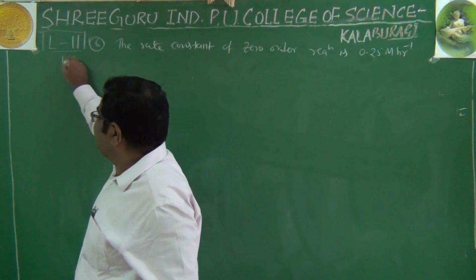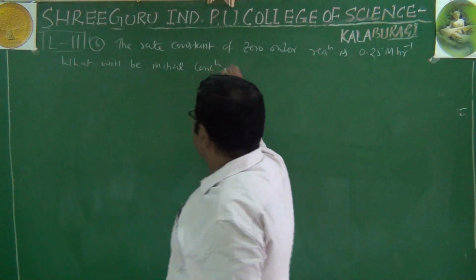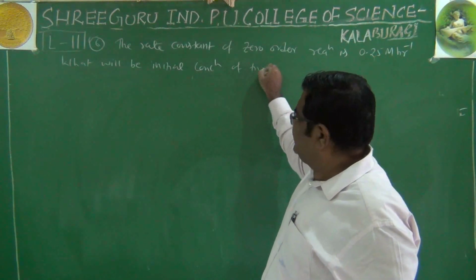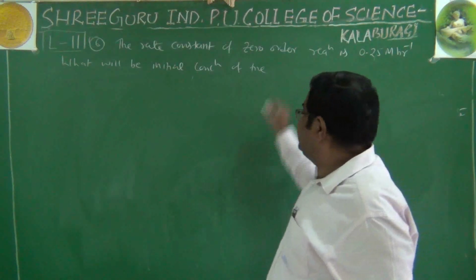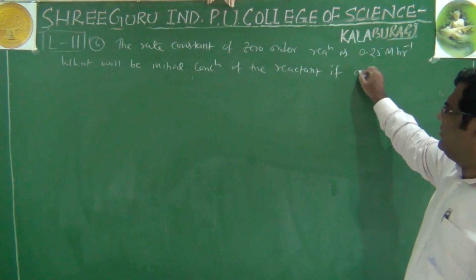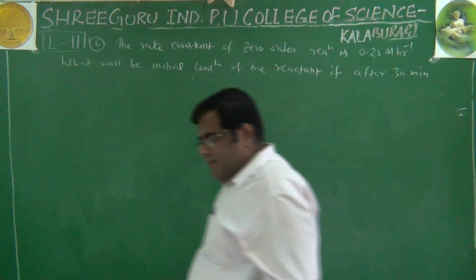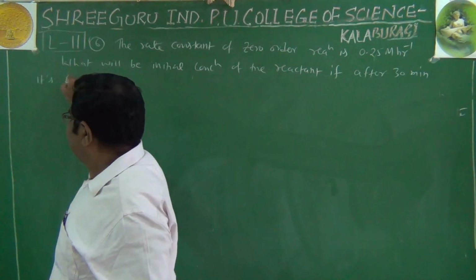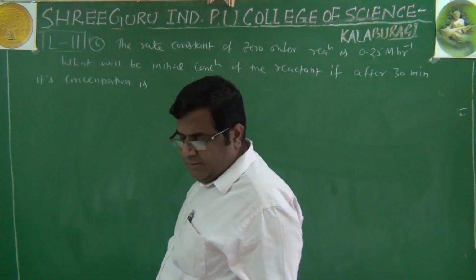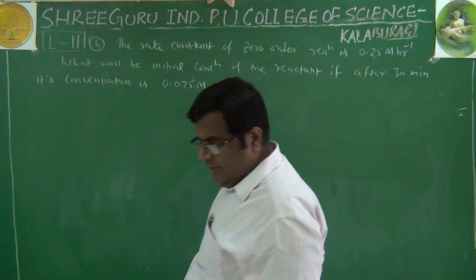What will be the initial concentration of the reactant if after 30 minutes its concentration is 0.075 mole per liter, capital M.